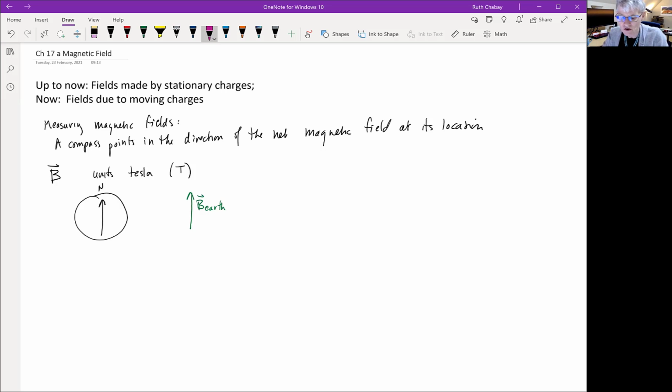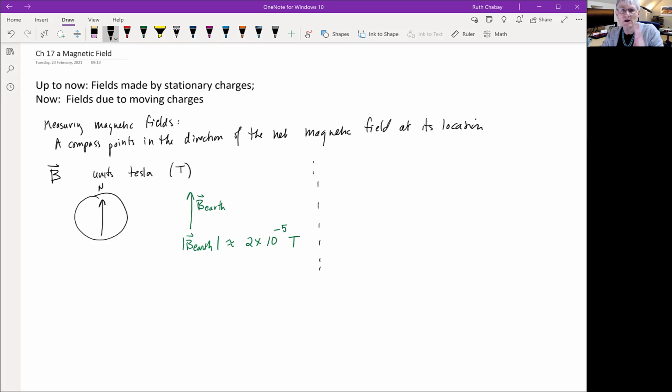And at our location, the magnetic field of the Earth has a magnitude of about 2 times 10 to the minus 5th Tesla. So that just gives you a calibration for the magnitude of this kind of a thing.